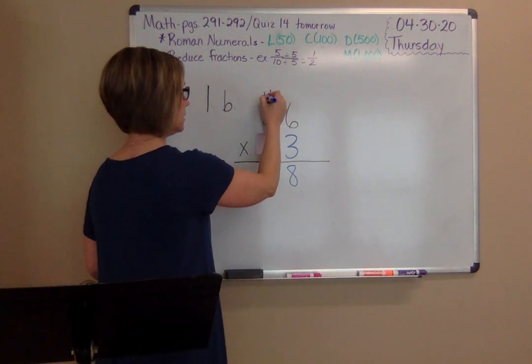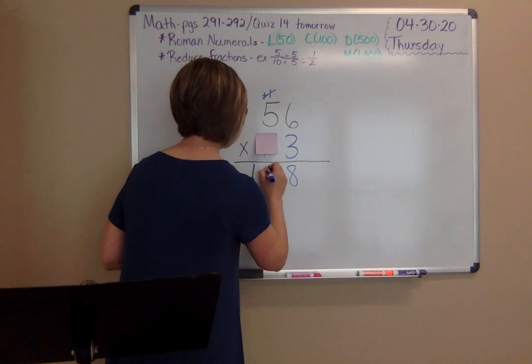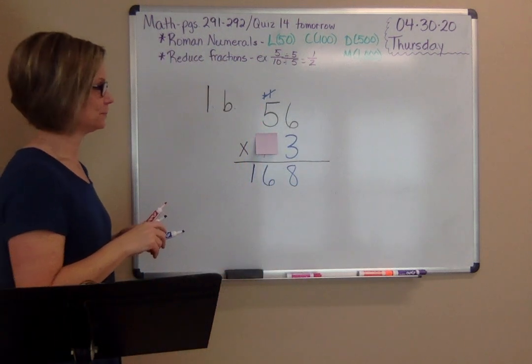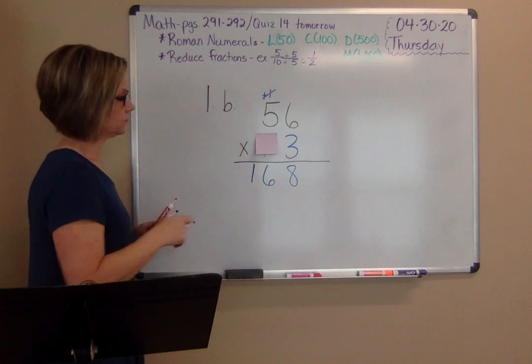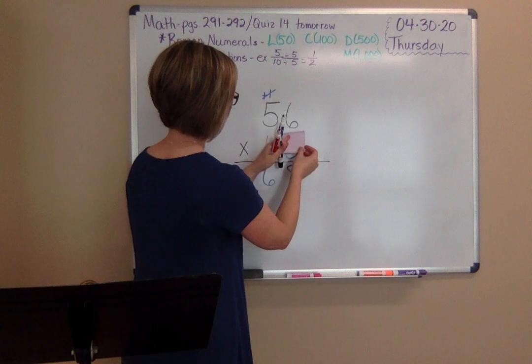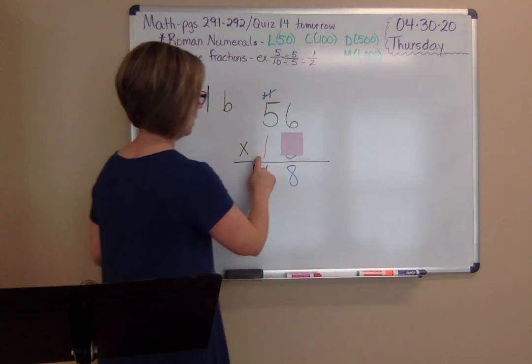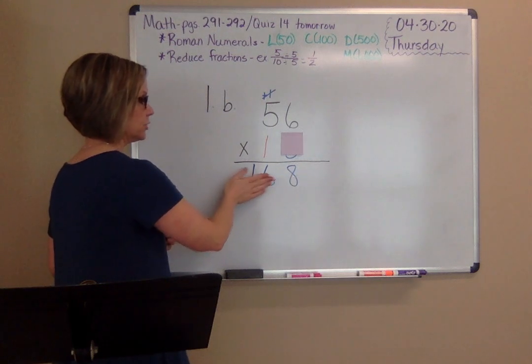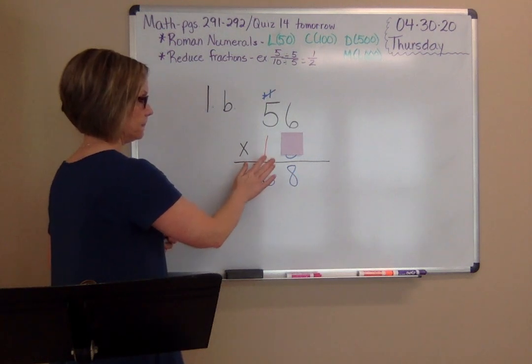Plus 1 makes 16. And I remember to cross off my 1 there. Okay, so now let's slide over and let's use our tens place. So for our ones, we should have 168 right here.